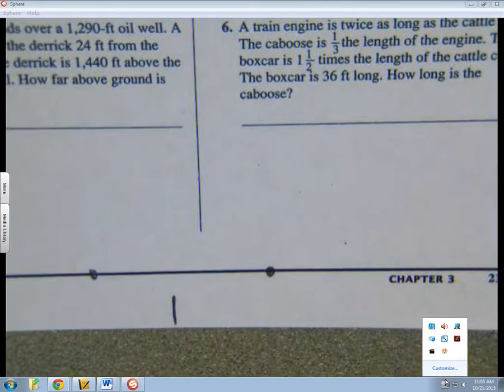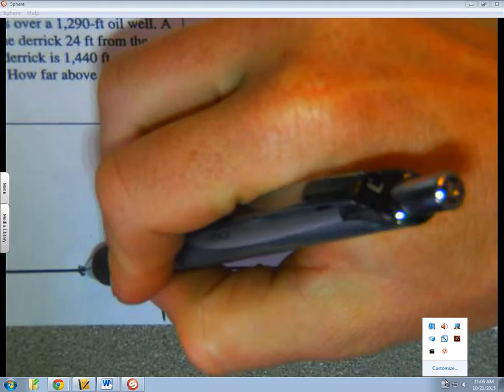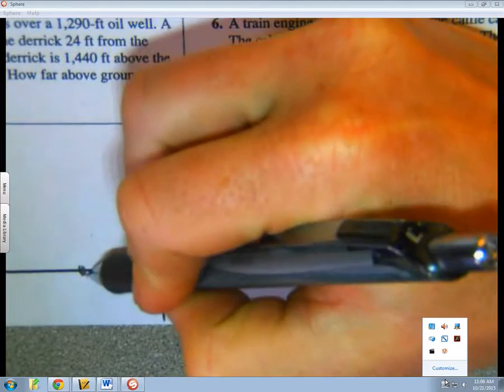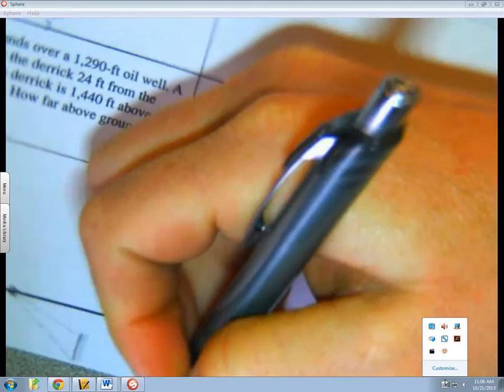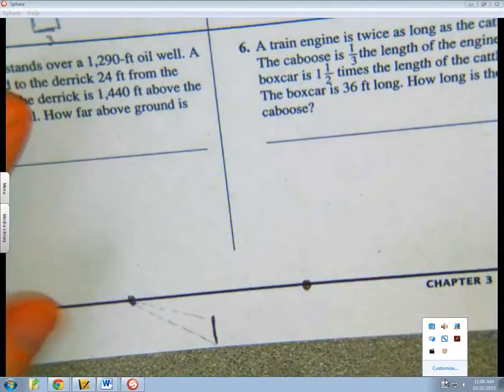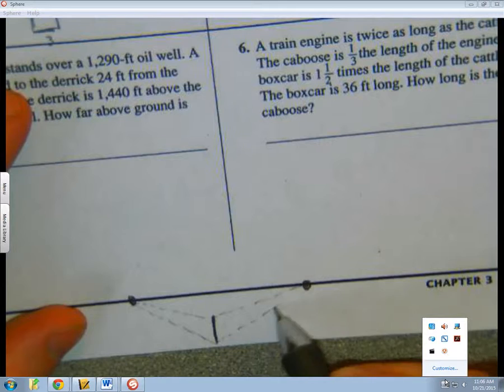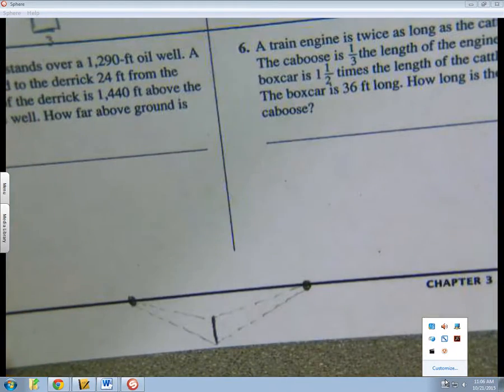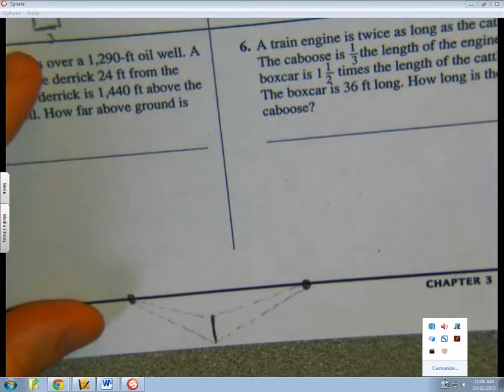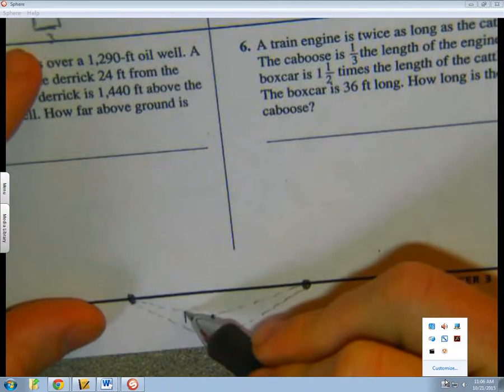Okay, and then I draw dotted lines between the top and the bottom. Okay, and then I'm going to draw a couple of front faces.